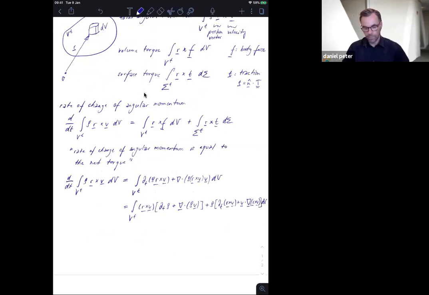It's just rewriting these terms a little bit. But now you see that in our brackets here, this term might look familiar. You would have to look at the first conservation law we looked at.